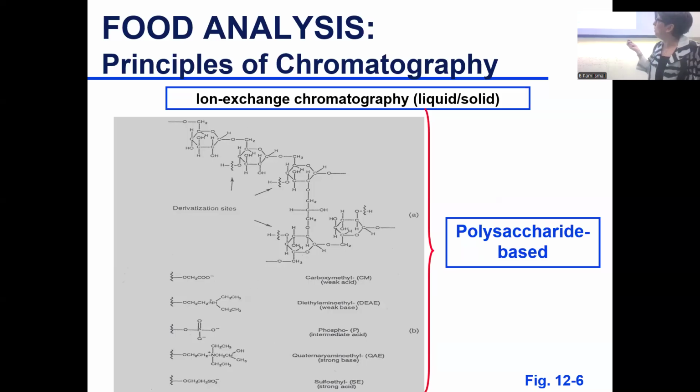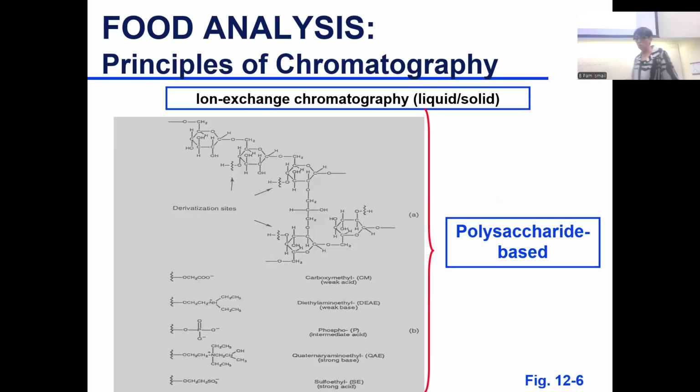It is made up of polymers of glucose units, and the OH groups in the glucose units are derivatized, meaning the OH groups get chemically linked to either a weak acid or a strong acid, or a weak base or a strong base.